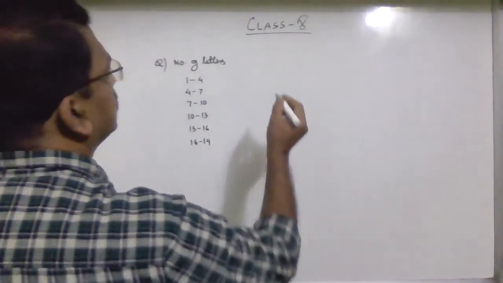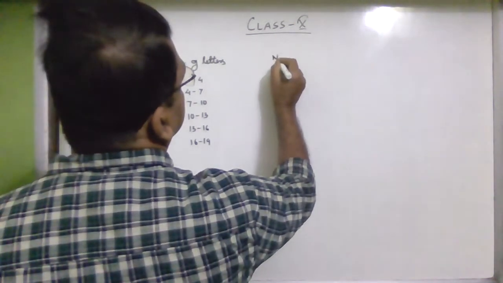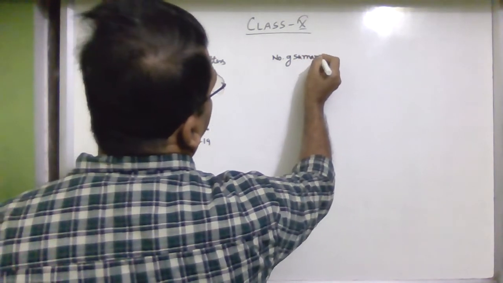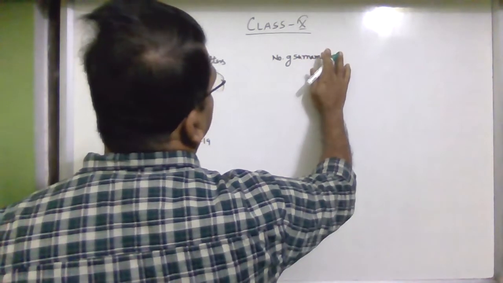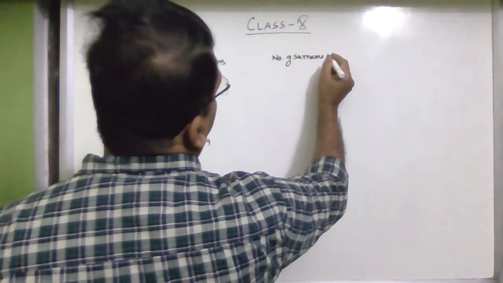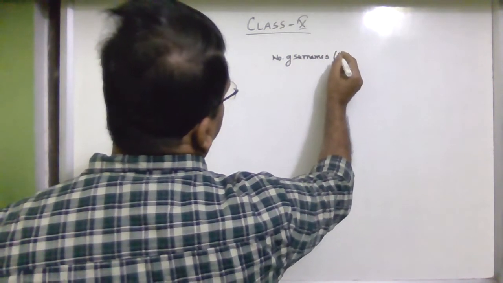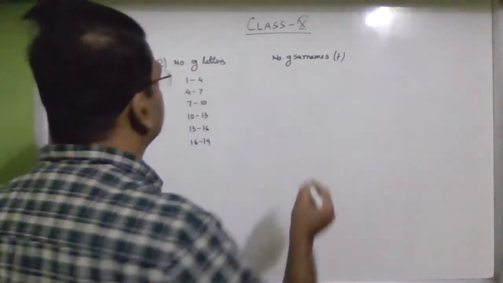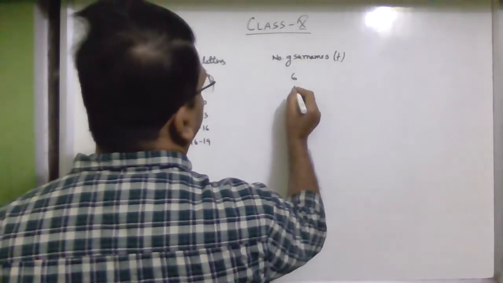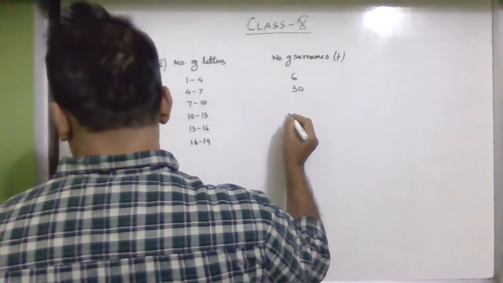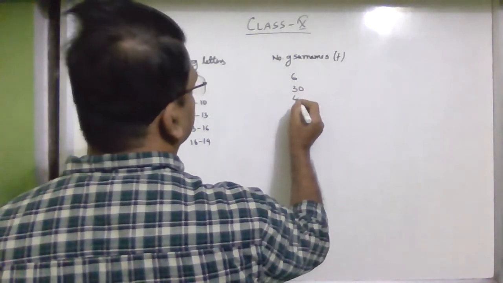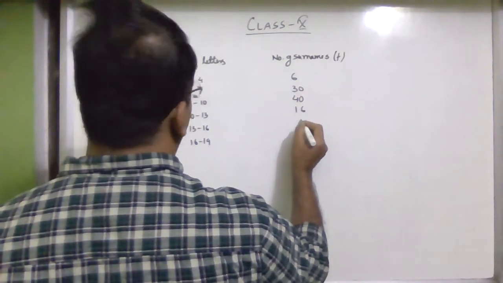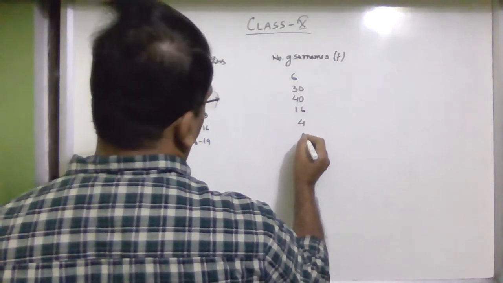And the number of surnames, that is actually the frequency. So 6, 30, 40, 16, 4 and 4.